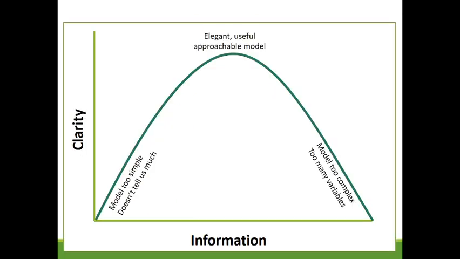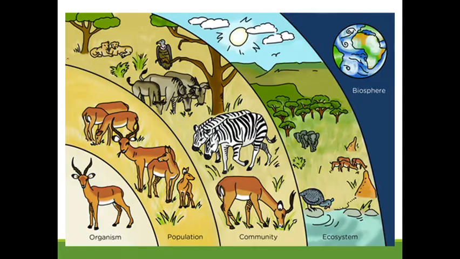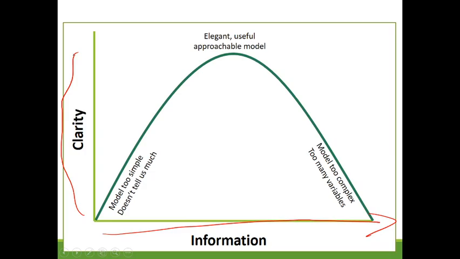Now, I've shown this little graph several times in different courses of mine, and it's a way to think about how models work. So think about this model, where we have information on the x-axis and then clarity on the y, with increasing clarity on that y-axis.